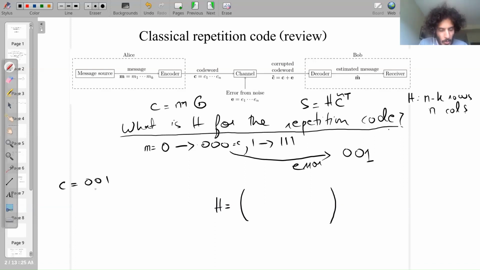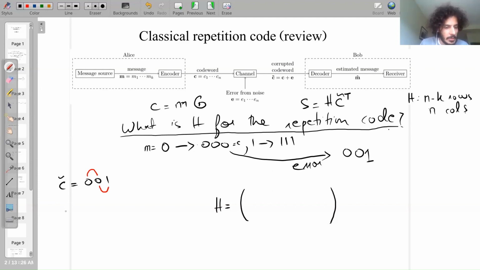Not only that an error has occurred, but where it has occurred as well. And the comparisons we will make is that we will compare the first two guys and compare the last two guys.